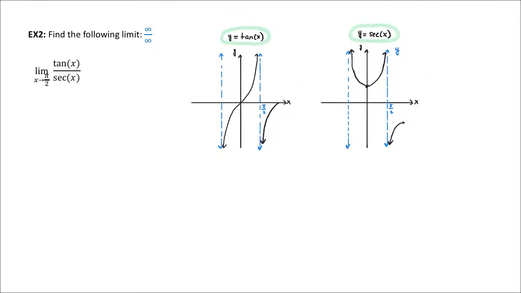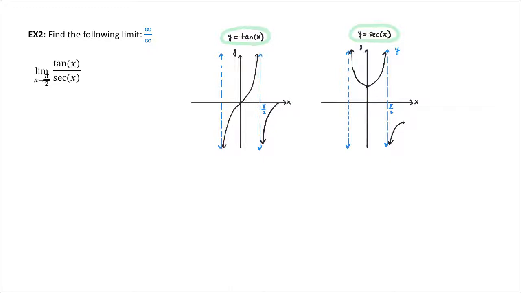Here they are. Notice immediately that in the tangent case, as x approaches pi over 2 from the left, tangent is approaching positive infinity. For secant, as x approaches pi over 2 from the left, secant is approaching infinity.